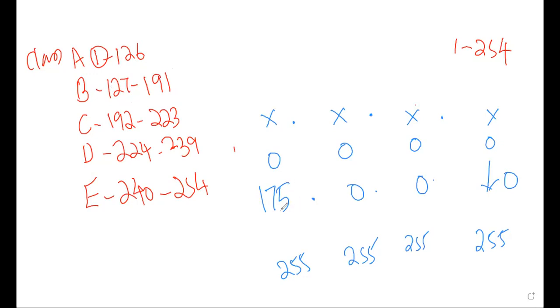This is class B, so this address will be referred to as class B. Instead, if I'm writing, let's say, 215, which is class C. So when you have an IPv4 address, it's easy for you to understand which class it is by going through the first octet of any IPv4 address. Okay.